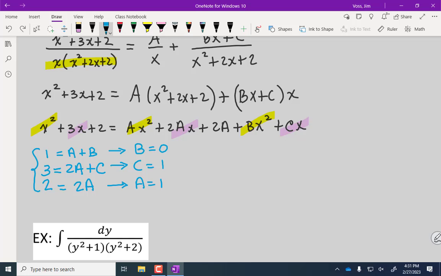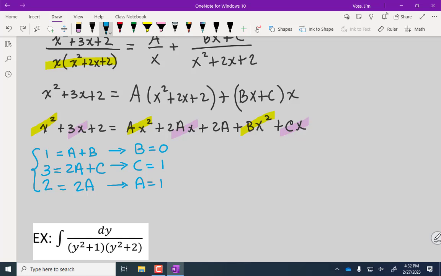Can you just say that one more time? Which thing should I say again? I'm just missing the coefficient thing and the things in the blue. What's the number in front of x squared on the left? 1. The a, b, and c are representing numbers. So what are the numbers in front of x squared on the right? A and B, and they're being added together.